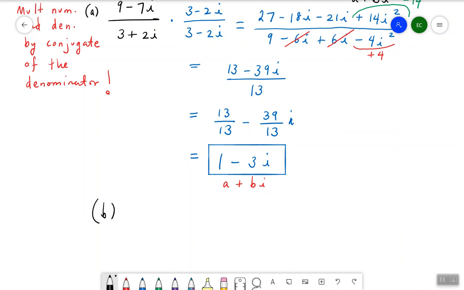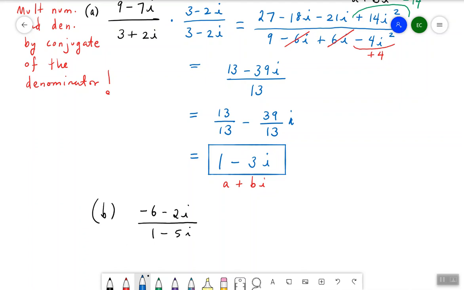Okay, so let's make up a new problem. Let's do negative 6 minus 2i over 1 minus 5i. The instructions say divide and write the final answer in the form a plus bi.